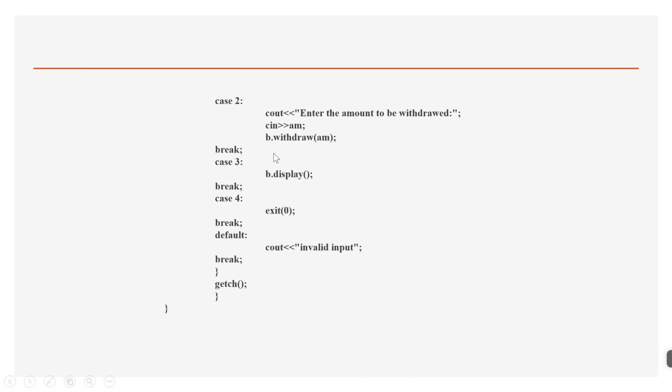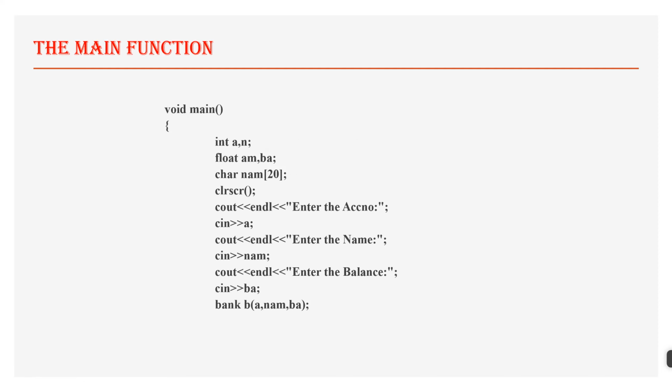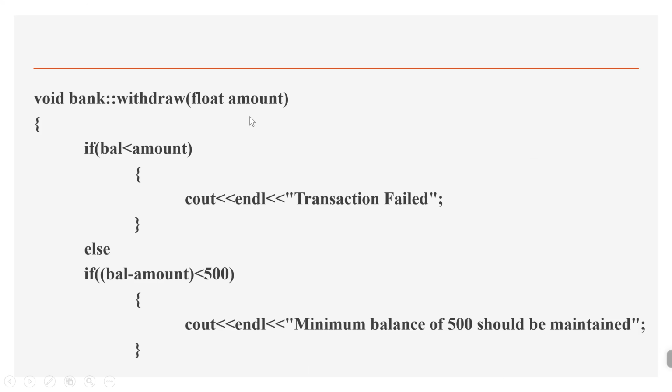Whereas let me say the third condition. So my amount is 1200. I want to withdraw 1200. So B dot withdraw 1200. When it comes to here, what is the amount? 1200. Is balance less than amount? No. Balance is 1500, amount is 1200. But is balance minus amount less than 500?